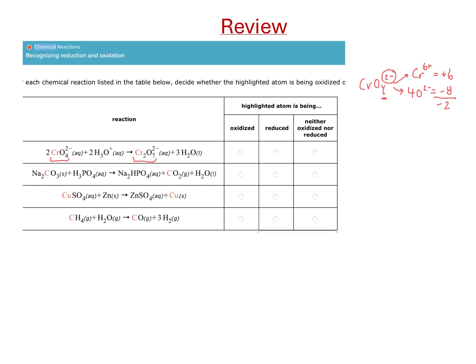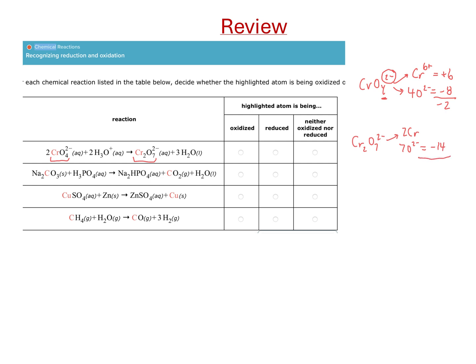Next we want to look at the dichromate. To see if there was a redox reaction, the charge on chromium would have to change. So we can break up the dichromate the same way. We've got Cr2O7 2-. I've got 2 chromiums and 7 oxygens. Again, oxygen is 2-, so that's an overall charge of -14 from oxygen.